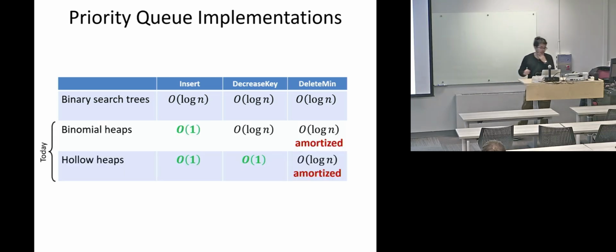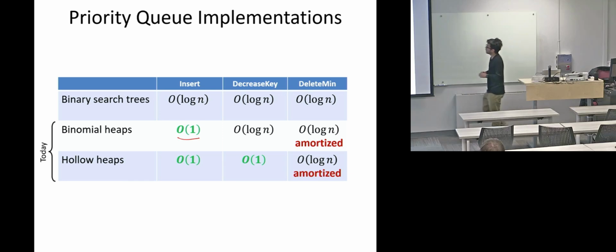First a binomial heap that improves the insert time to O(1), and a hollow heap that improves decrease key to O(1) too. So this is really nice and basically optimal.